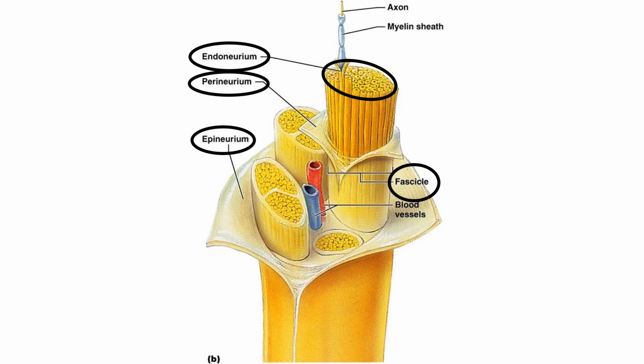The one covering the whole nerve is the epineurium, and the axons are not arranged in a one-way fashion filling the whole peripheral nerve, but they're arranged in bundles. These bundles are called fascicles, and each fascicle has its own connective tissue cover. That is the perineurium, and a single axon has two covers. One is an insulator, the myelin sheath, and on its outside a thin layer of connective tissue called endoneurium.